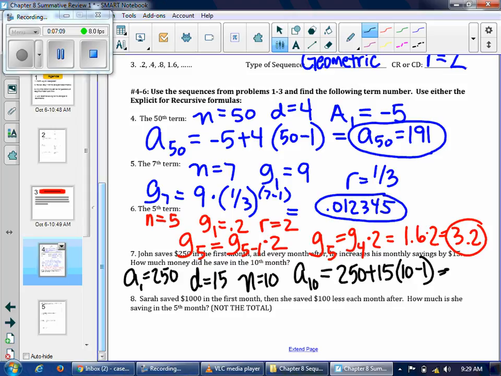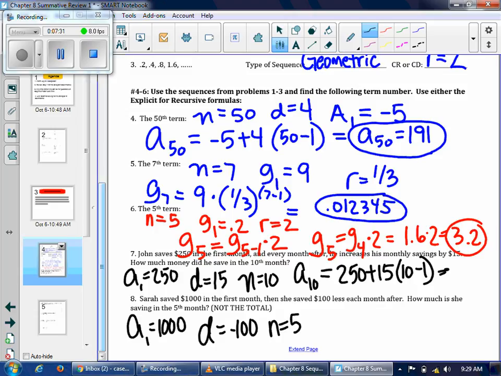A1 is going to be 1,000. The difference between terms is going to be negative 100 because we're going down from month to month. N is 5 for the 5th month.